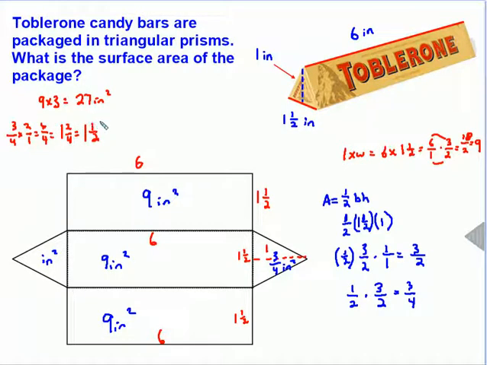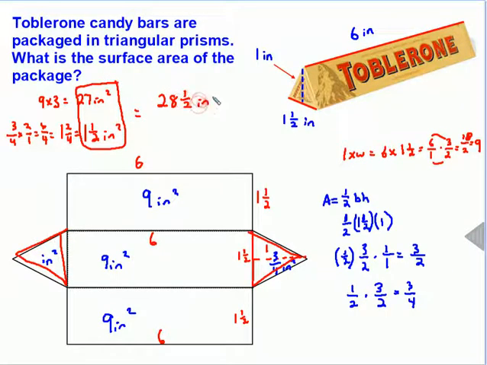So I've got 1 1/2 inches squared for the two triangular ends. I add these together, 27 plus 1 1/2, and I get 28 1/2 inches squared. And that is the surface area of the whole package, all sides added together, 28 1/2 inches squared.